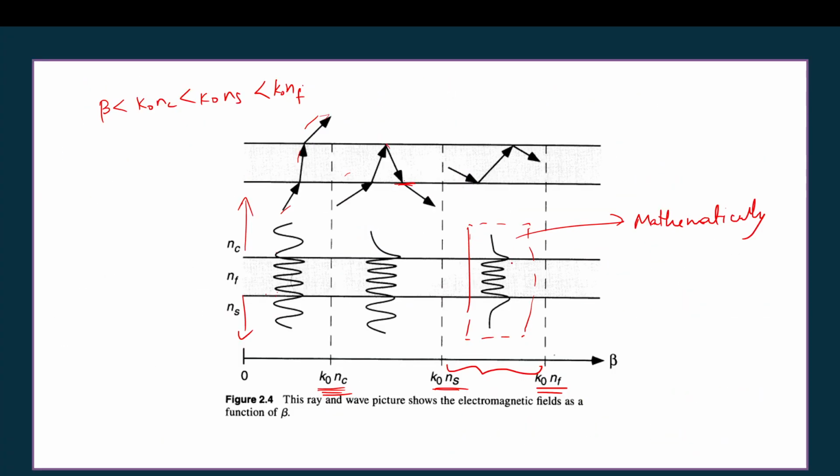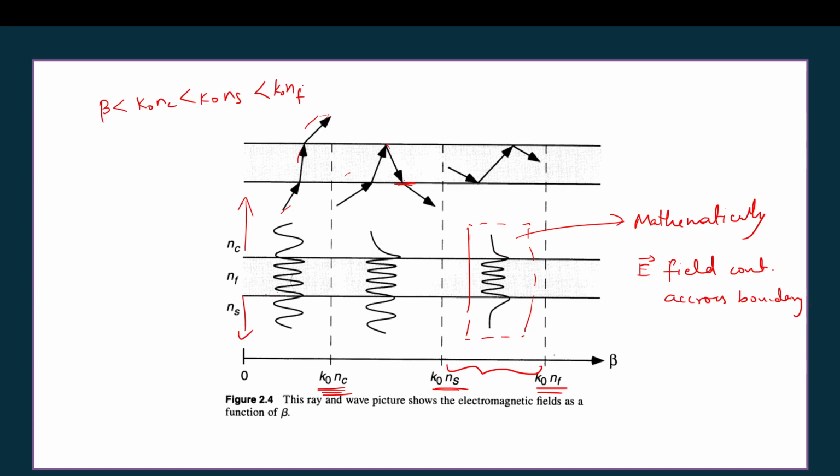We'll find those by applying the boundary conditions. The first boundary condition is that the electric field should remain continuous across the boundary. The second boundary condition is that the magnetic field should also remain continuous across the boundary.